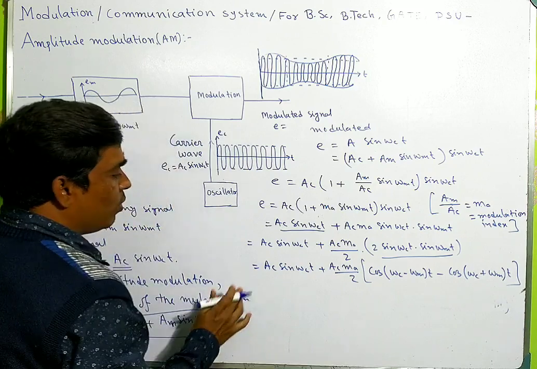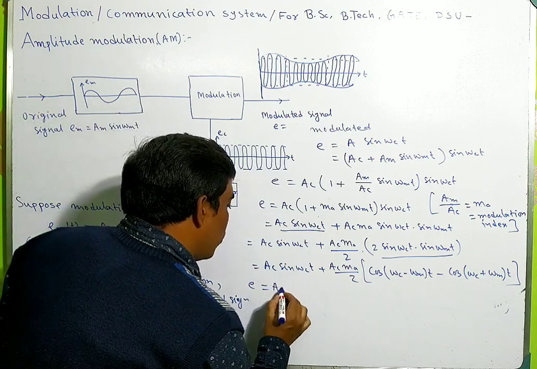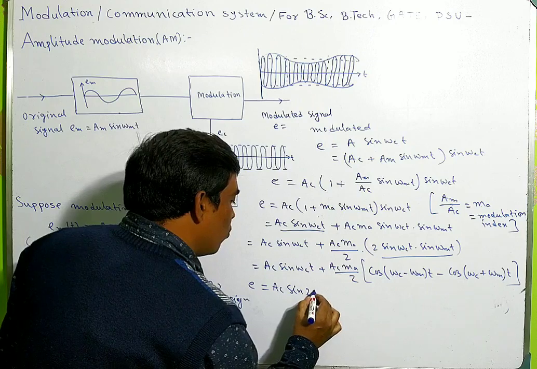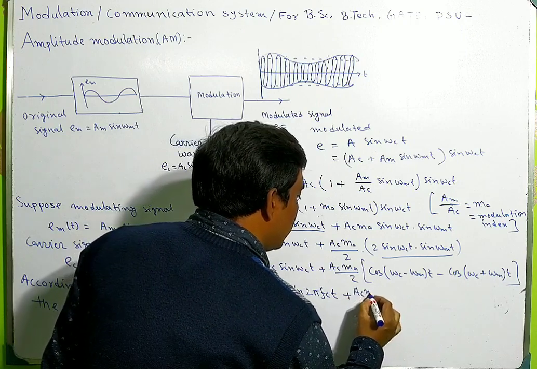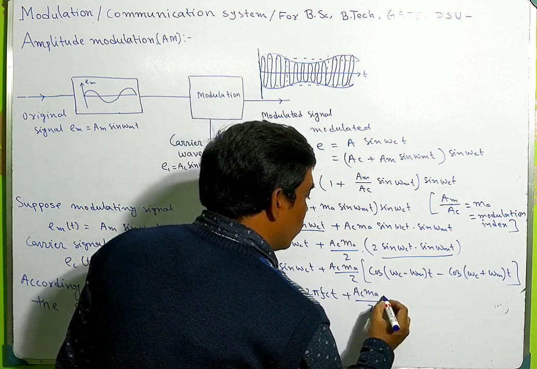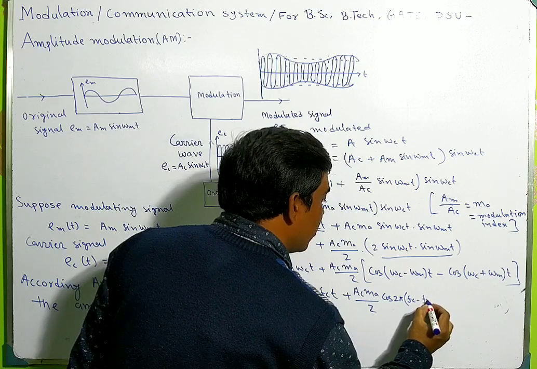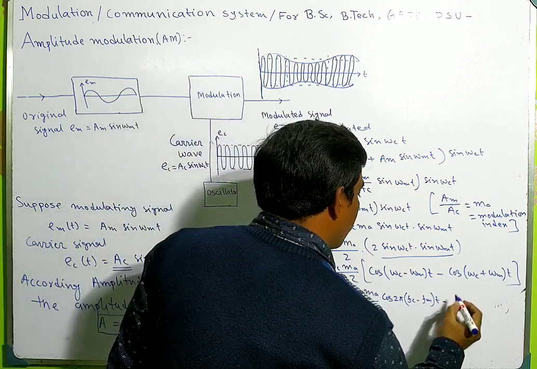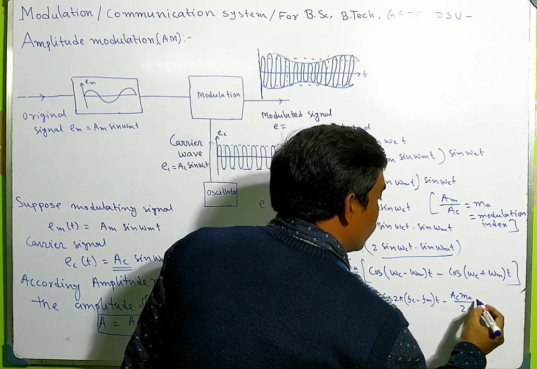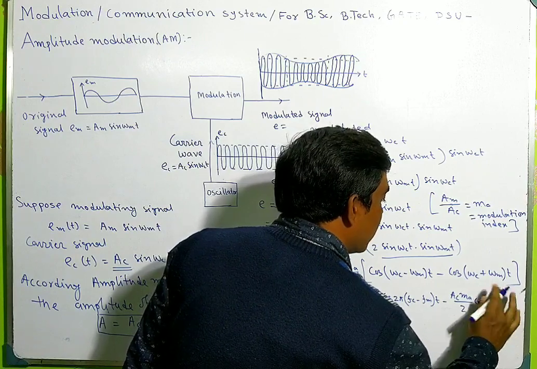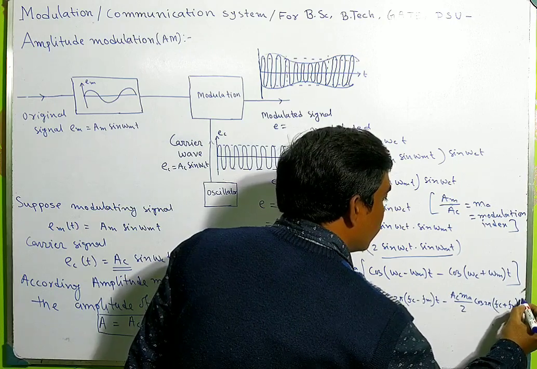If you want to express it through frequency, then it will be A_c sin 2 pi f_c t plus A_c m_a by 2 cos 2 pi (f_c minus f_m) t minus A_c m_a divided by 2 cos 2 pi (f_c plus f_m) t.